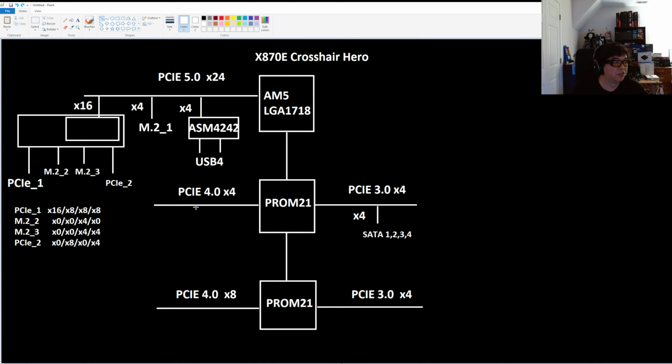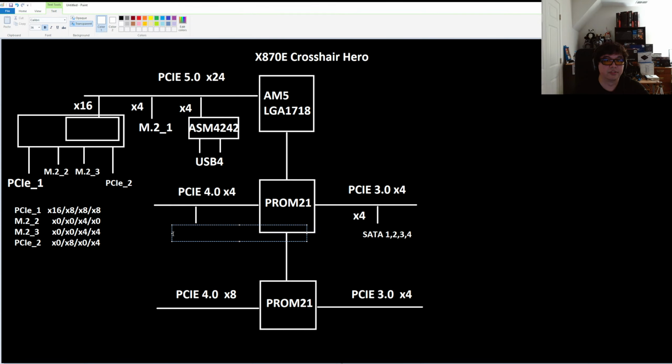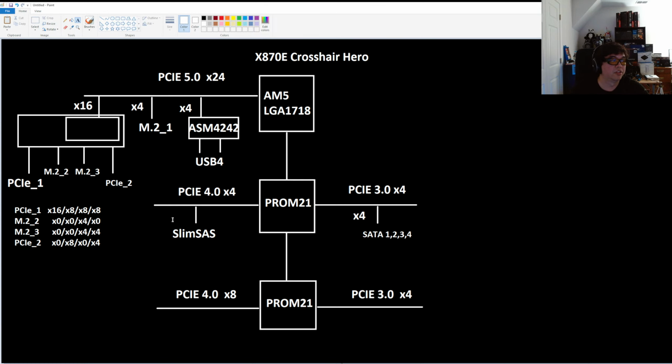Now, what does Asus do that's fancy? They add something called Slim SAS on the Hero. This uses 4 lanes of Gen 4, so all of this bandwidth is tied up on the Slim SAS. Some people also think this is dumb, because who is going to spend $700 on a consumer grade overclocking motherboard to use an expensive enterprise SSD?